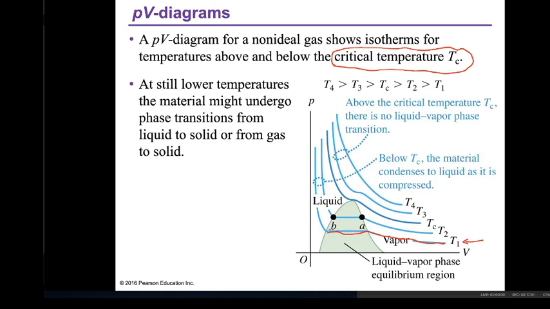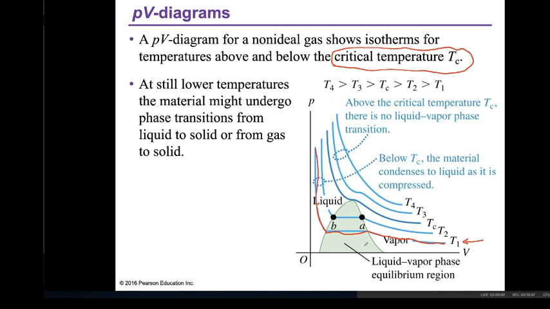Now it's a mixture of gas and liquid. When you keep reducing the volume, the pressure doesn't change. However, after all of the molecules are converted from gas to liquid, then when you continue to reduce the volume, the pressure will keep going up.